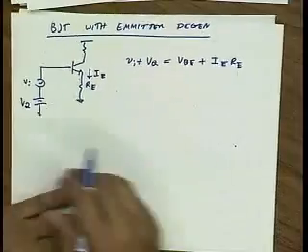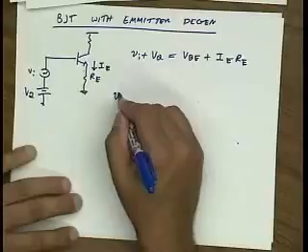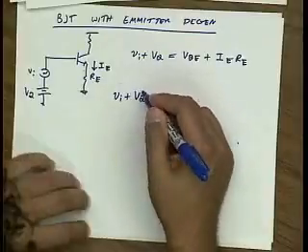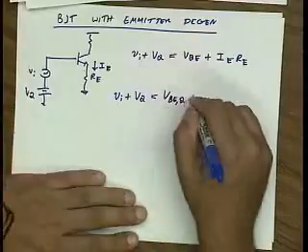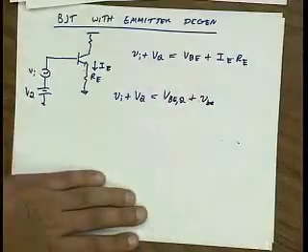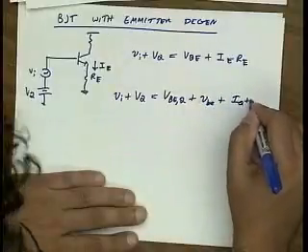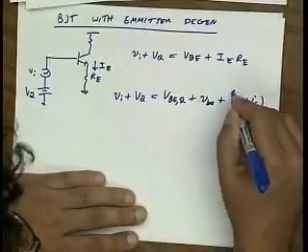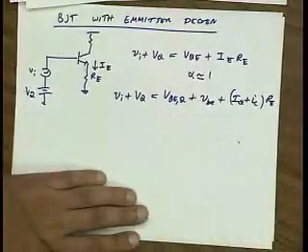Okay, and so I can write this as Vin plus VQ is equal to VBEQ plus small signal VBE plus IQ plus IC times RE. Let's assume that alpha is about 1.